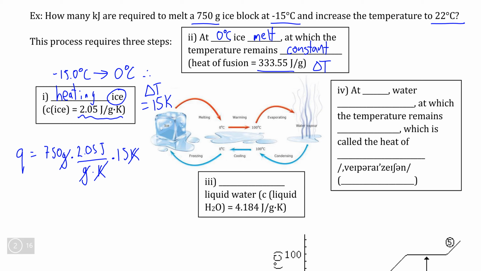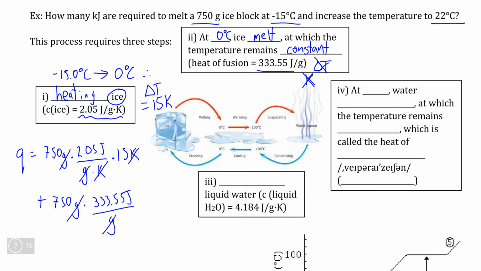So we see delta T is not in the formula here, and units Kelvin is not in the formula here, which means all we need to do is take our specific heat capacity of the state of matter change, which is what we call heat of fusion, and multiply it by the mass of the ice block, which would be 750 grams times the heat of fusion, the heat required for a state of matter change from solid to liquid, which is 333.55 joules per gram.